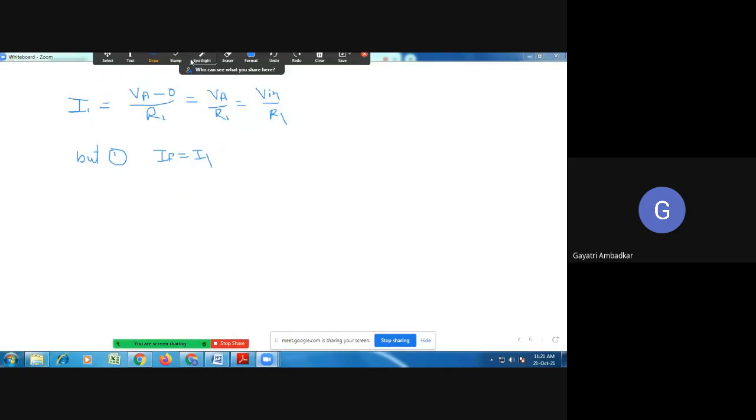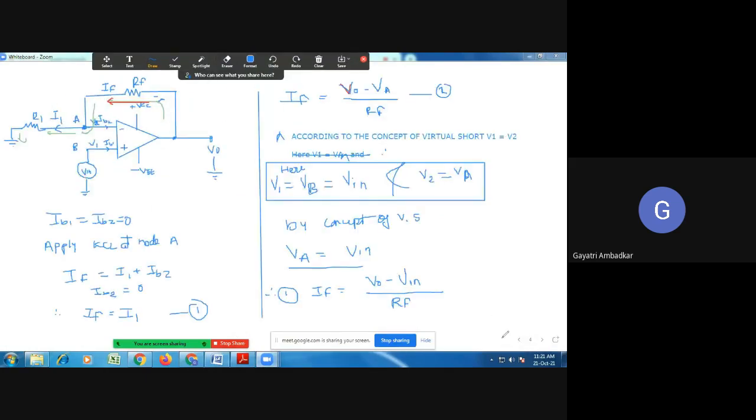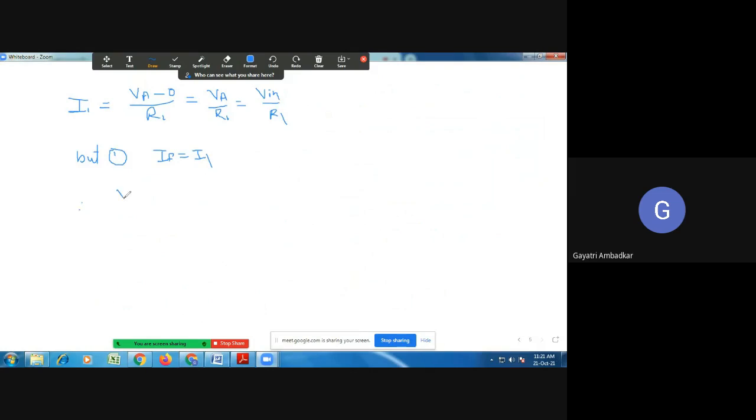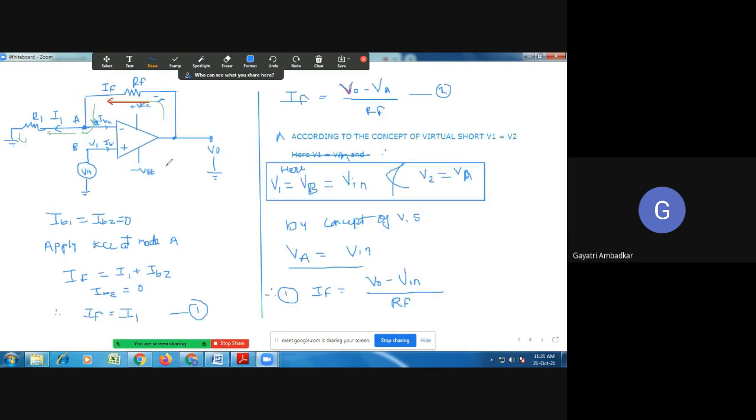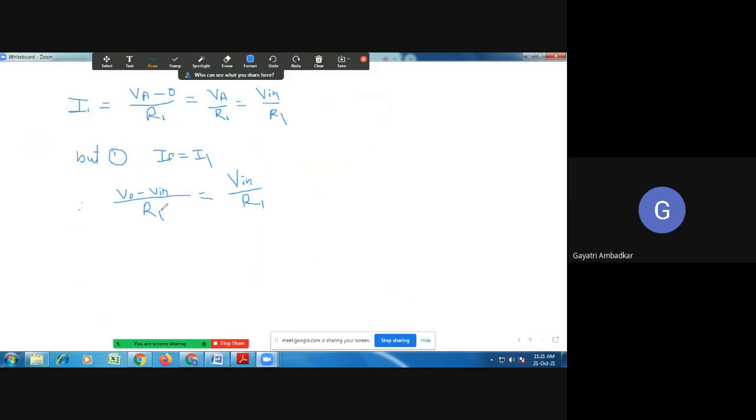Okay, so IF is equal to I1. What was our IF? VO minus Vin upon RF. Therefore, VO minus Vin upon RF is equal to Vin upon R1. Right? Sorry, in IF it is RF. So one can solve this.